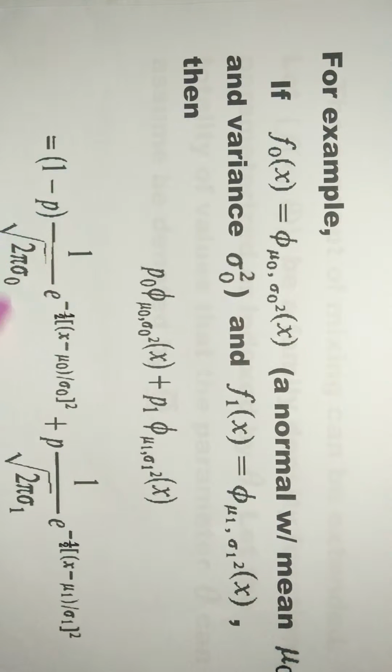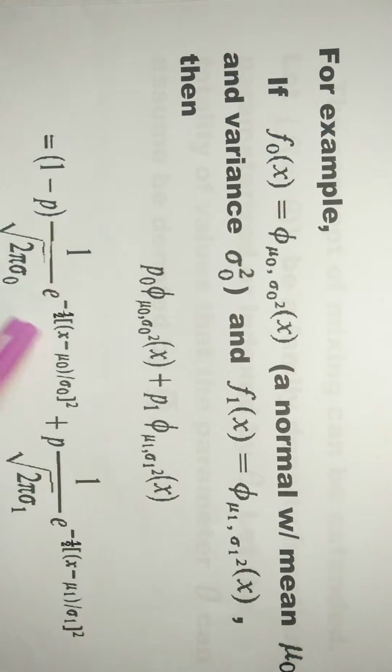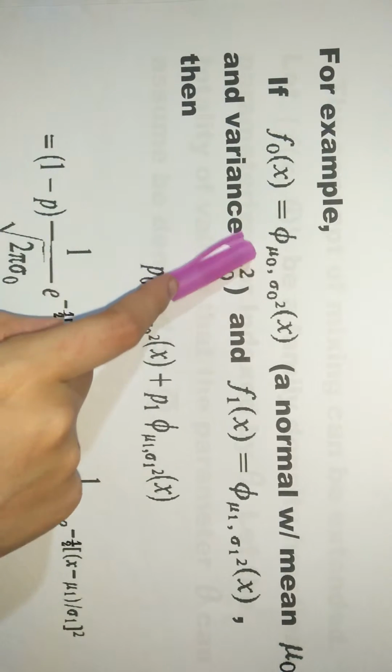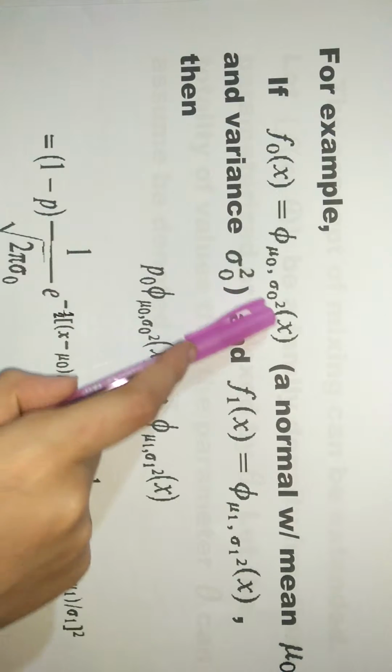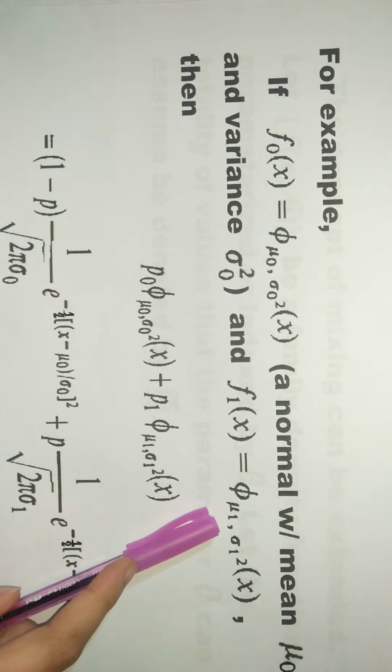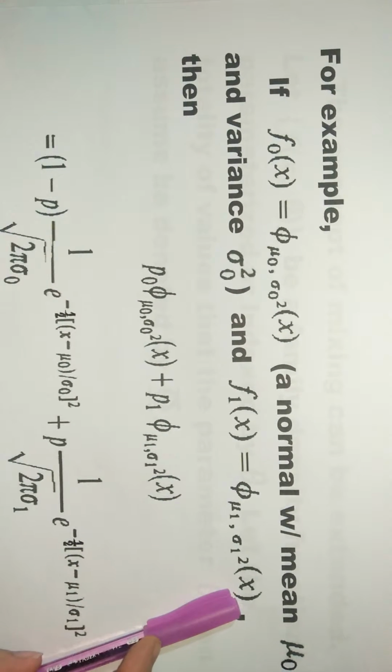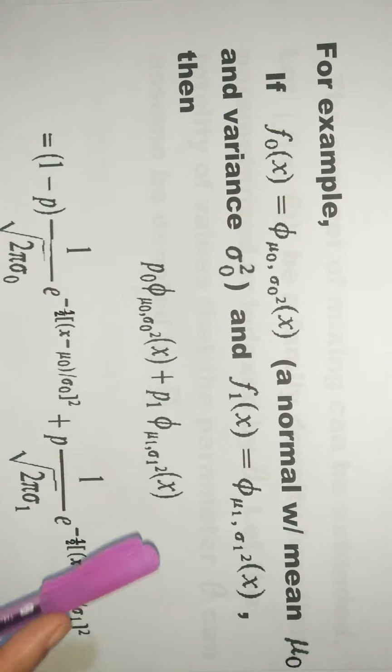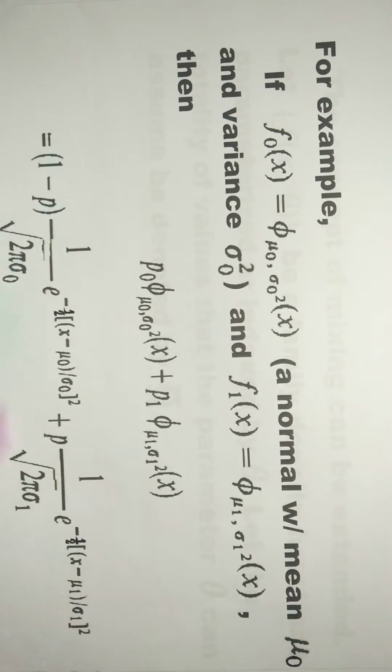We have this whole equation here, since phi sub mu sub 0 and sigma sub 0 squared of x and phi sub mu sub 1 and sigma sub 1 squared of x are given to be density functions. This equation here is sometimes referred to as a contaminated normal. Contagious distribution or mixtures can be useful models for experiments.